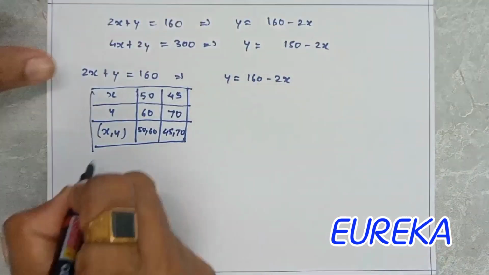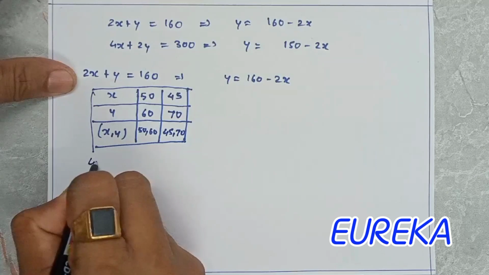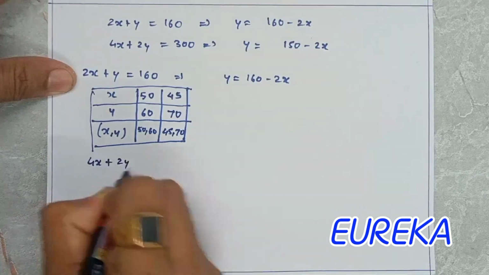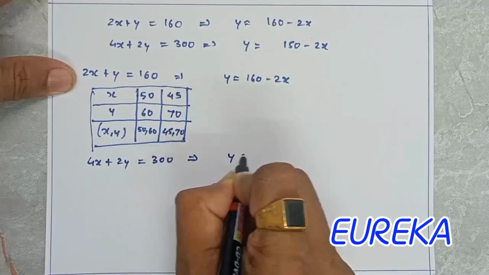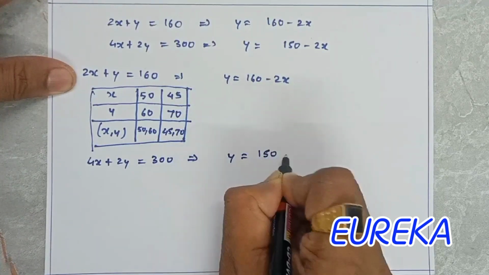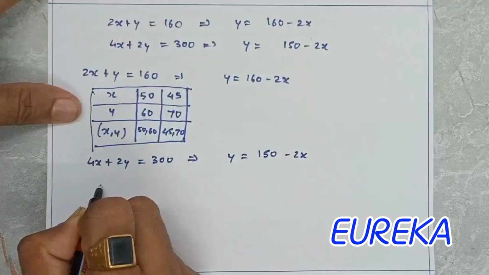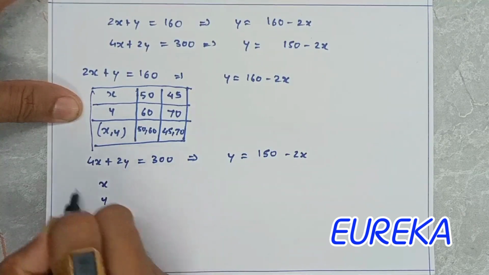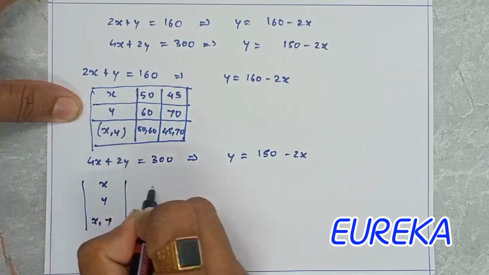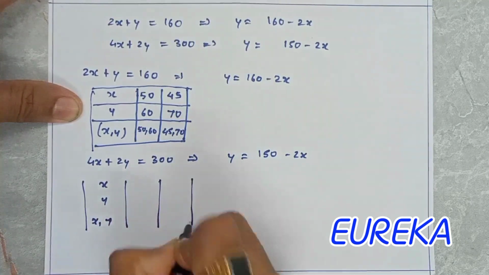In the same way for the other equation, 4x plus 2y equals 300, we got y equals 150 minus 2x. Again we make the table of x, y and the solution sets.